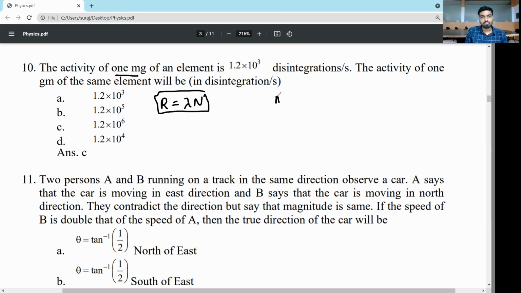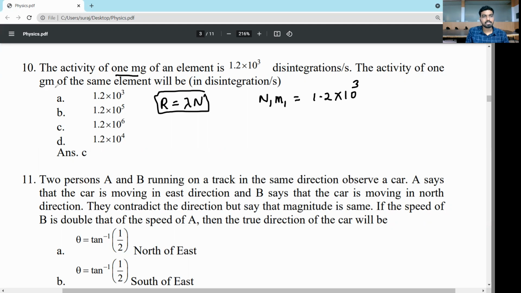Let us say the mass of one radioactive particle is m1. So in 1 milligram, let us say N number of particles are there. N1 number, weighing 1.2 into 10 power 3.